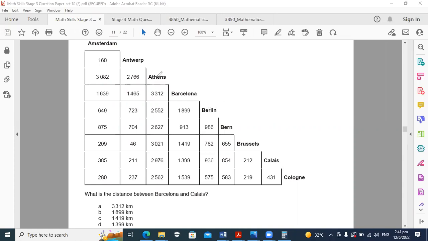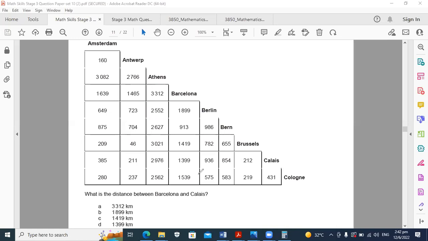So Athens is in Greece and Berlin is in Germany. So the distance between Athens and Berlin is what? You follow? What am I asking?